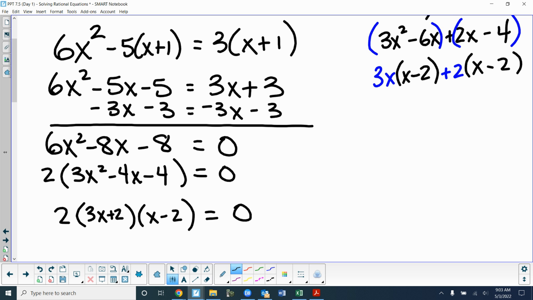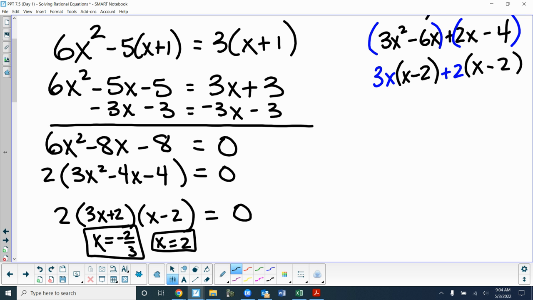Okay? So, how do I get my 2 answers here? What are the 2 answers? This one is 2, right? Negative 2/3, right? You're going to subtract the 2 and divide by 3, right? Set them equal to 0 if you're not sure.